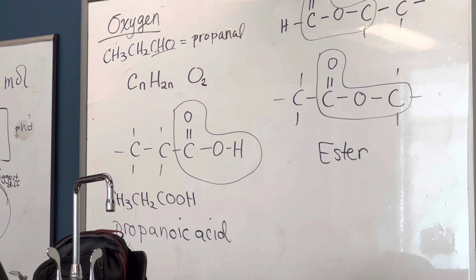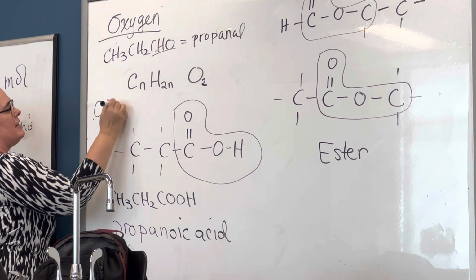Wait, so that group is called an ester, or those molecules? That class is called an ester. That group is called a carboxyl. The class over here is carboxylic acid.